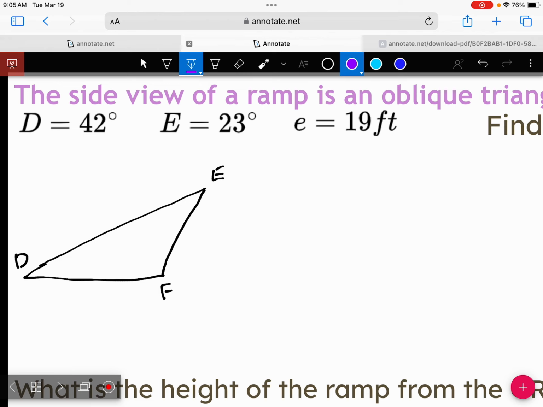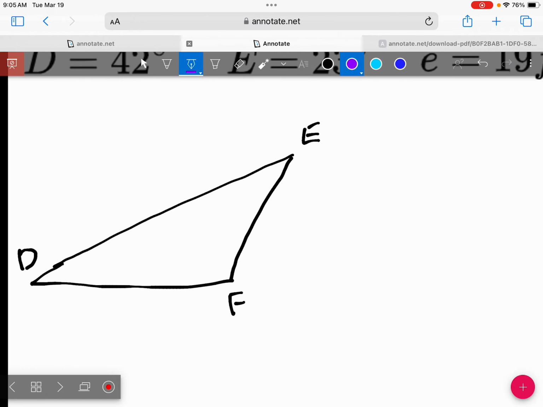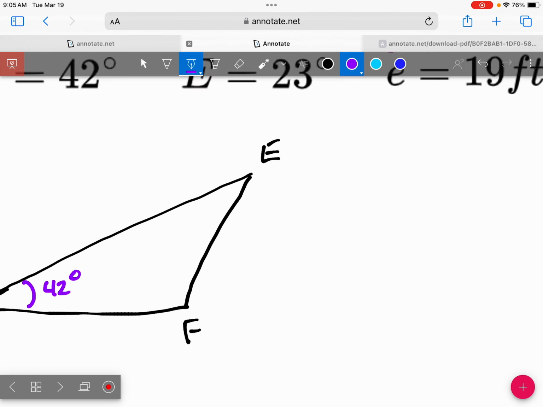So we're going to take the information we know and fill in what we can. We know that angle D is 42 degrees. We know that angle E is 23 degrees.